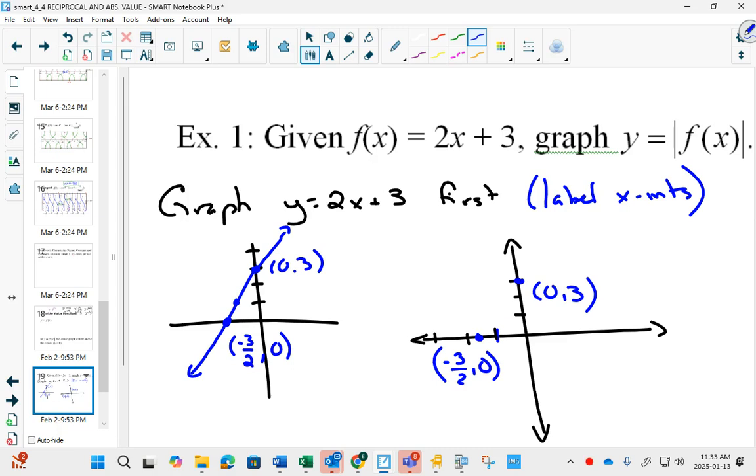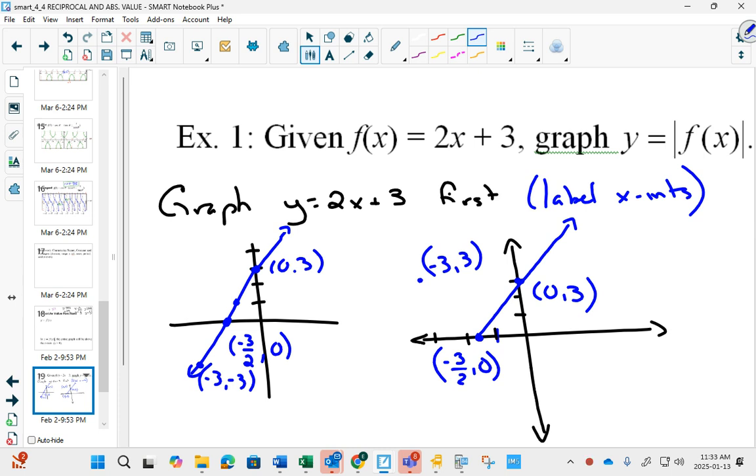Can you see that this whole section where the y values already were positive is going to stay exactly the same? But if I would take a point, say over here, maybe I'll use negative 3, negative 3, because that would be on my original graph. Negative 3, negative 3 would change to negative 3, positive 3.